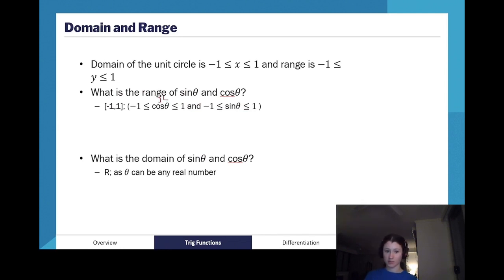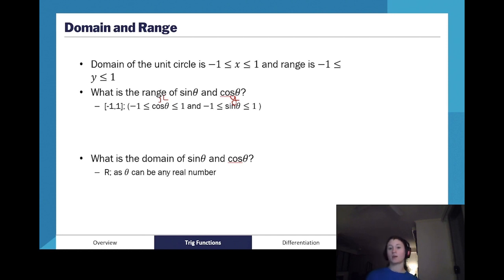Because this is essentially x, and this is essentially y. So we can just swap these out: x for cos theta and y for sine theta. So, this tells us what values cos and sine must always fall between.